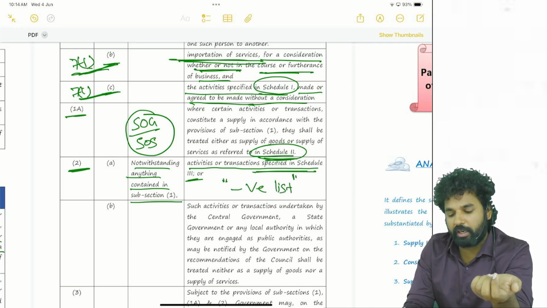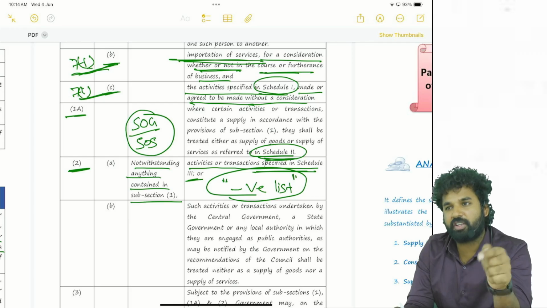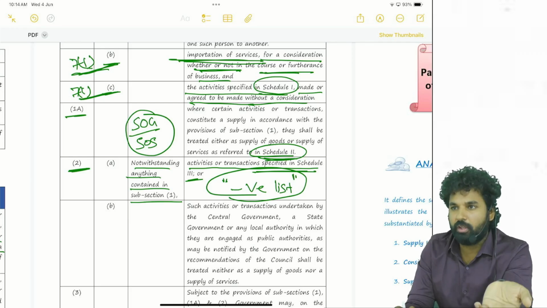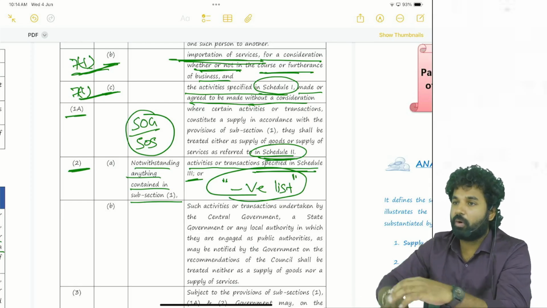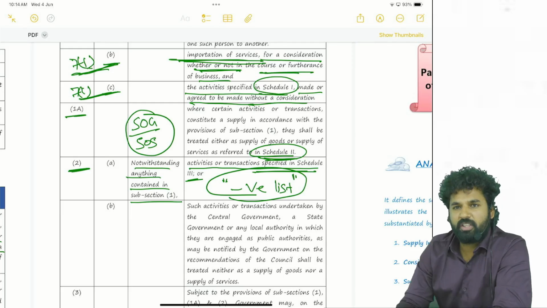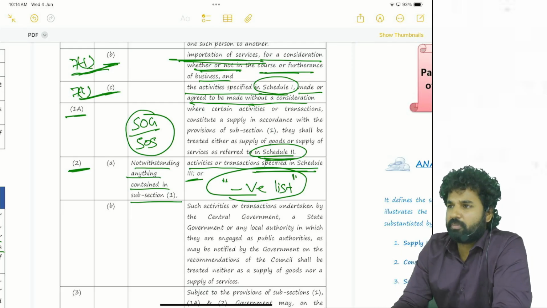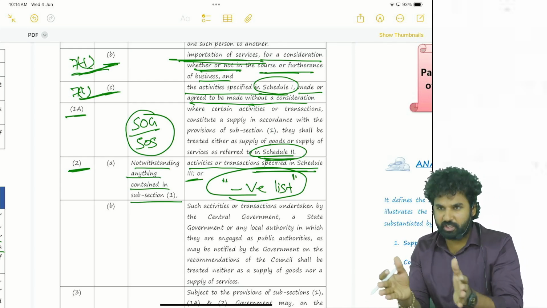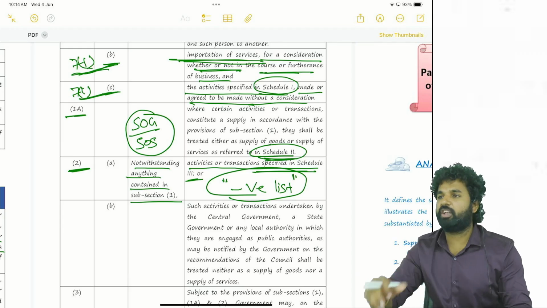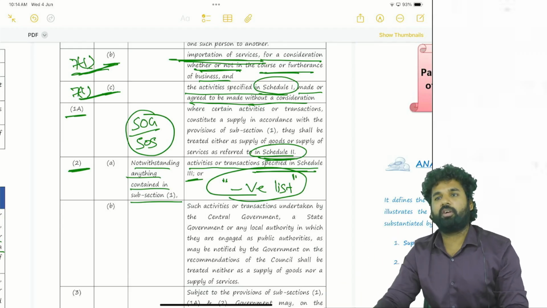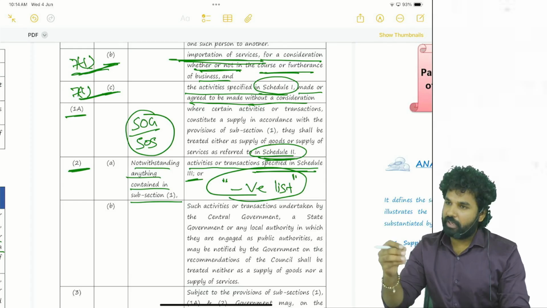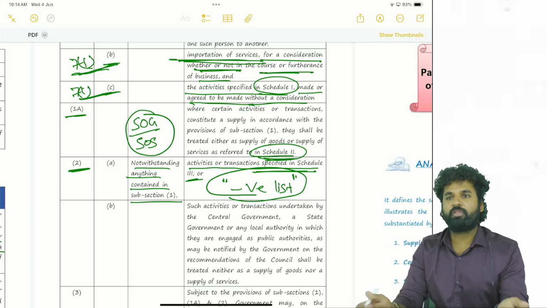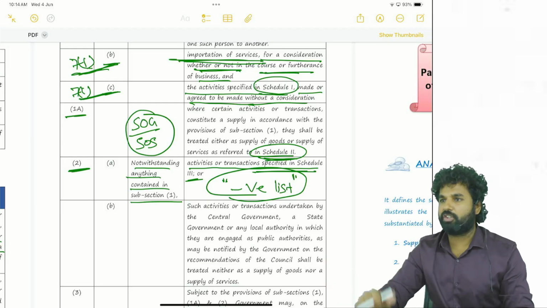So even if all the conditions given under section 7 subsection 1 are met, if these transactions are happening, they are not considered as supply. That means outside the ambit of supply, and so outside the ambit of GST. See, if a transaction is within the scope of supply, we cannot say whether GST is attracted or not. If an activity is outside the scope of supply, definitely there is no GST.